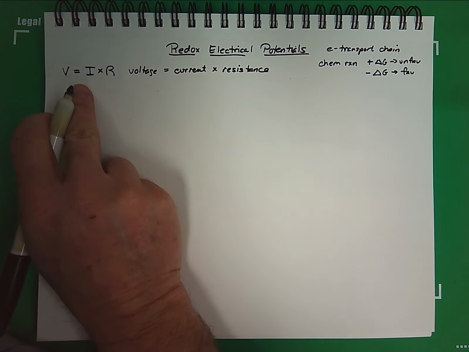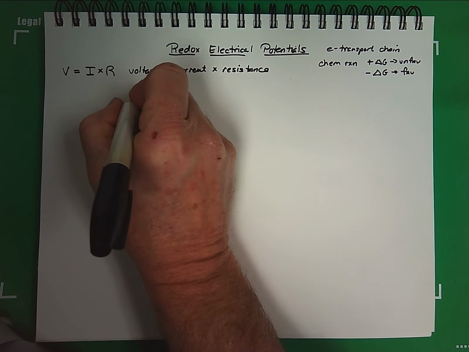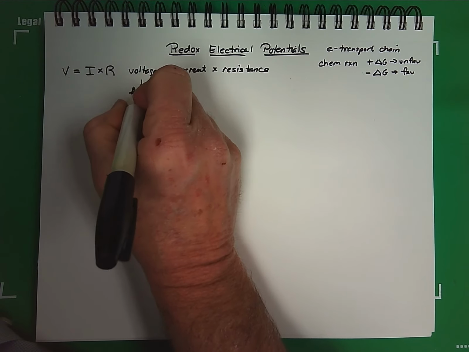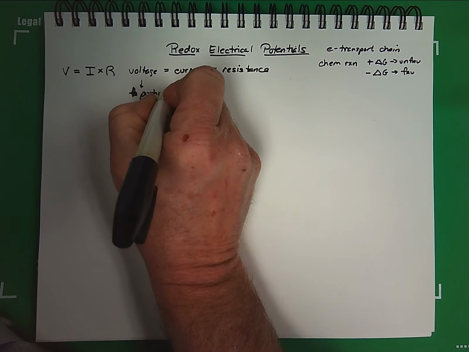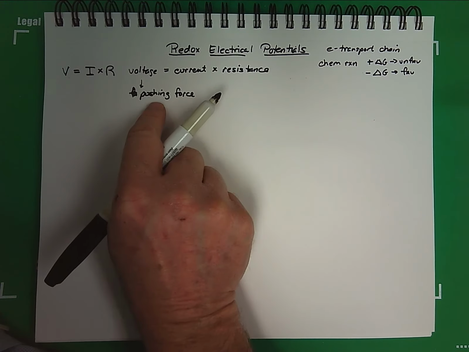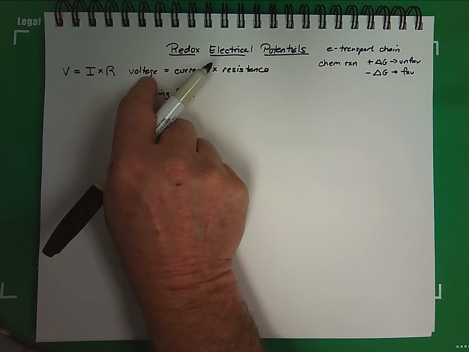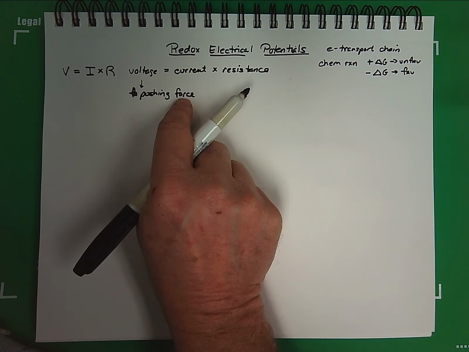Now, in this case, the voltage is considered a pushing force. So think of voltage as the push behind the electrons. The higher the voltage, the higher the pushing force.